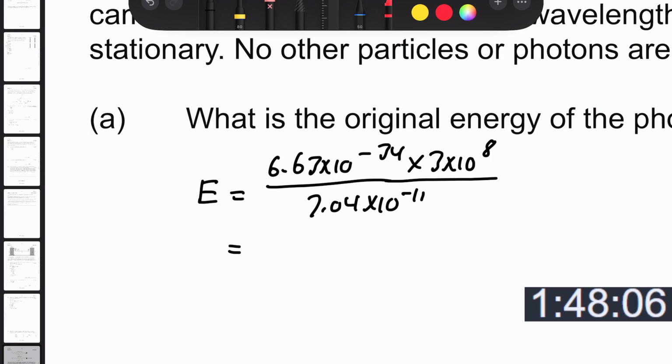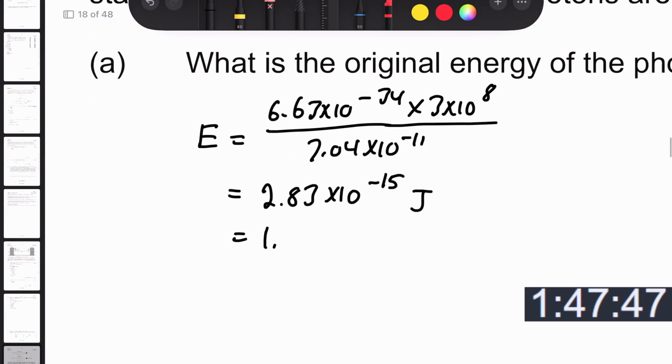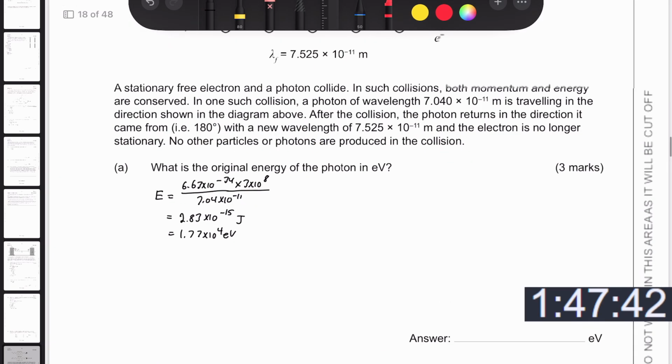So then this is 2.83 times 10 to the negative 15 joules. And 2.83 times 10 to the negative 15 divided by 1.6 times 10 to the negative 19 gives us 1.77 times 10 to the 4 electron volts.